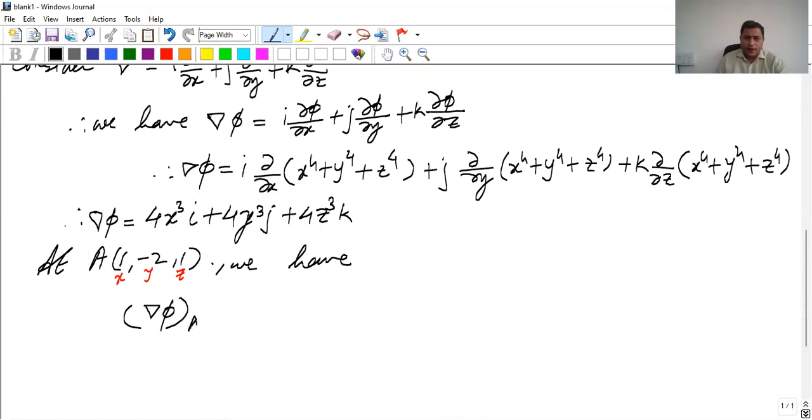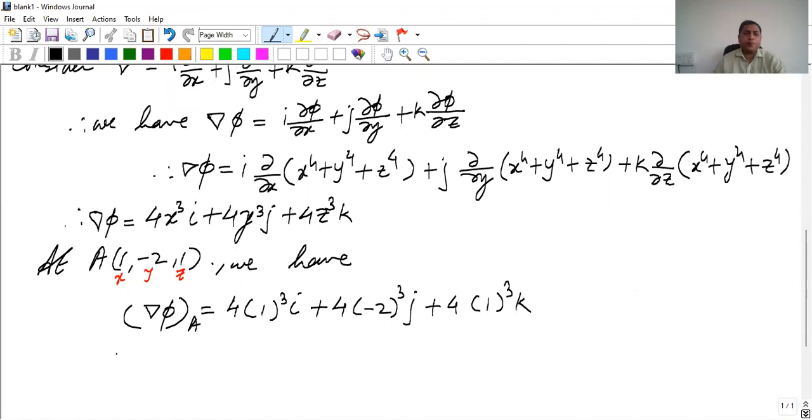Del phi at A is equal to, so what is del phi at A? It is going to be 4 into 1 cube i plus 4 into (-2) cube j plus 4 into 1 cube k.